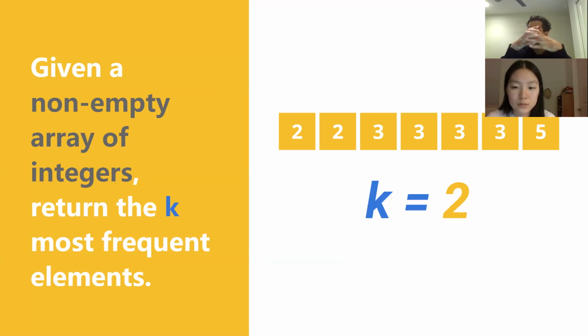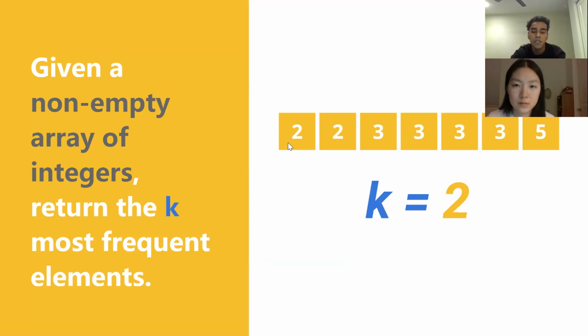Also, in Python, these are called dictionaries if you're not familiar with using Java. So the k most frequent element solution is this. You are given an array of integers, right? And you want to give the k most frequent elements. In this case, k is equal to 2. So we want to get the 2 most frequent elements out of this array.